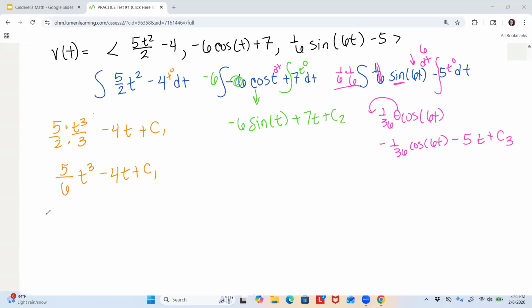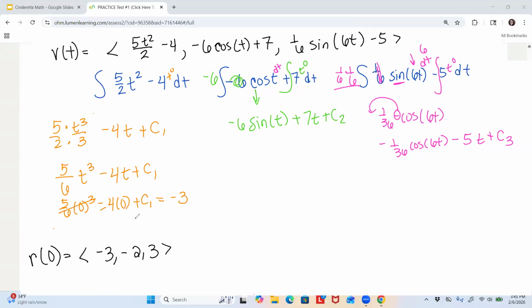I went up over it, but they told us r of 0 is negative 3, negative 2, 3. So again, we're going to put in 0 into all these little pieces and find the C. So going into the orange one, that would be 5/6 times 0 cubed minus 4 times 0 plus C1 needs to be negative 3.